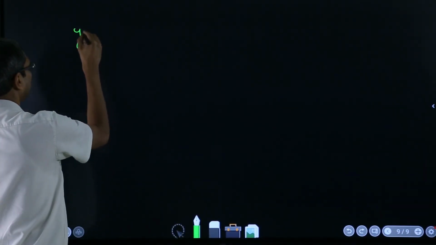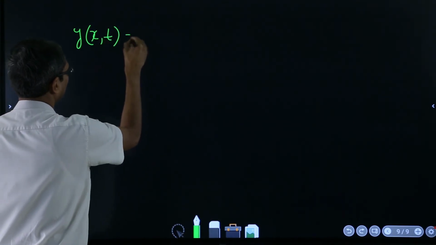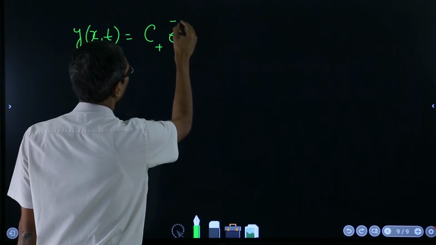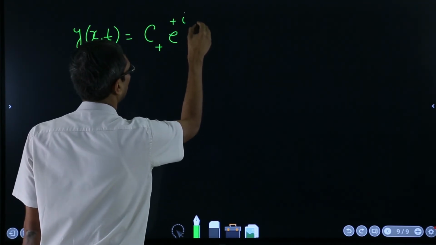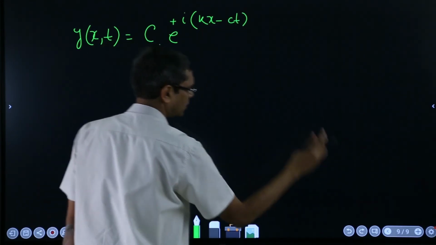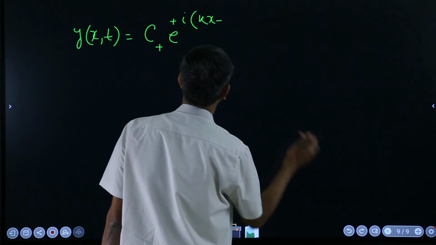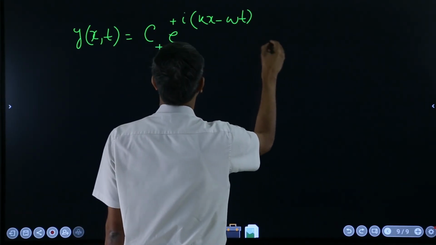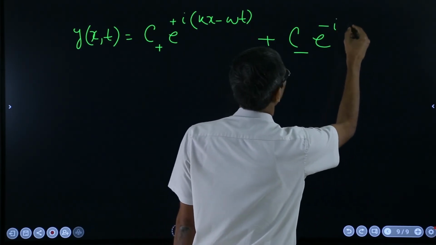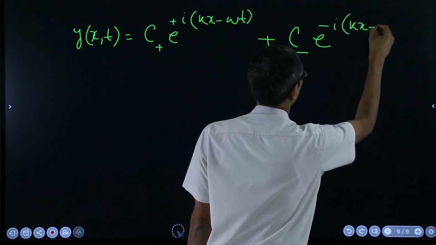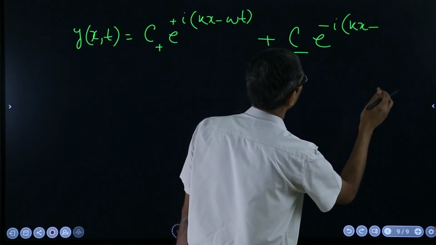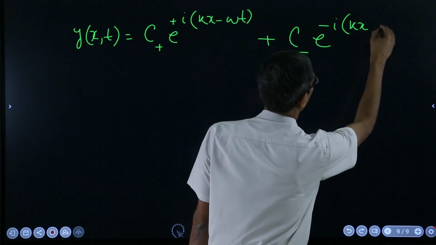So your y(x,t) is nothing but C plus e raised to plus i (kx minus omega t) plus C minus e raised to minus i (kx plus omega t), right?